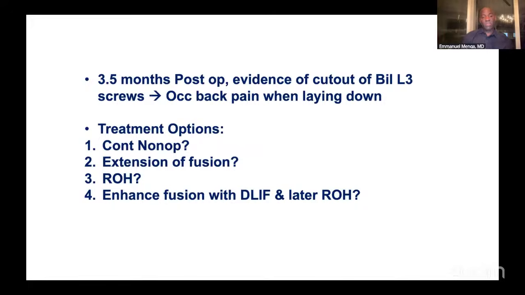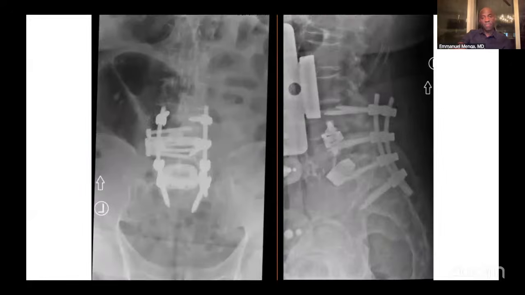The last option was to consider enhancing his fusion with a lateral interbody fusion at the top of the construct, where the screw was loose, and removal of at least the posterior hardware later on after fusion. He opted for the lateral interbody fusion, which is what was done.